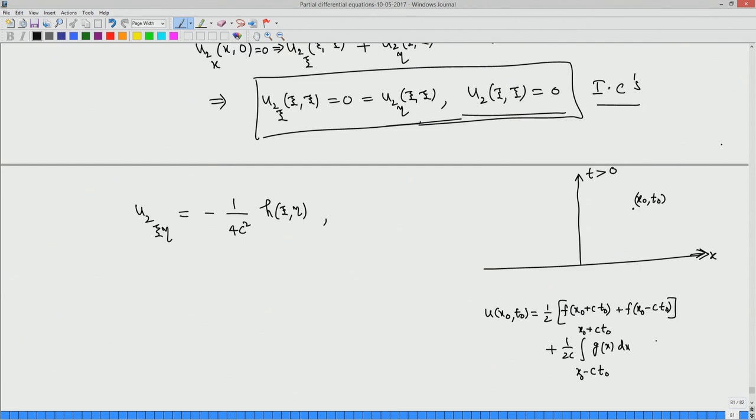This is the D'Alembert solution in the full domain.